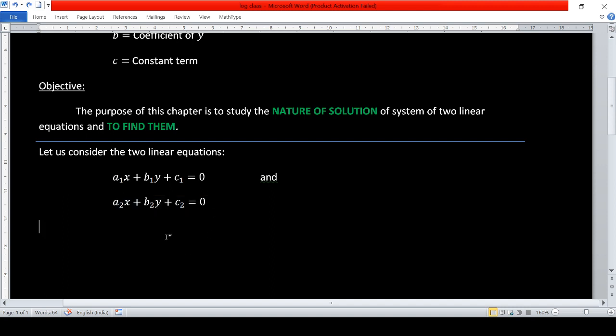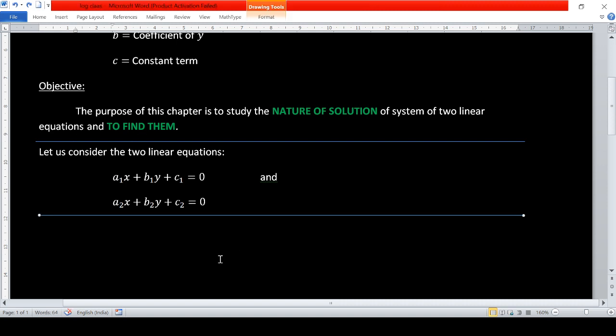Together, these two equations are called a system of equations.